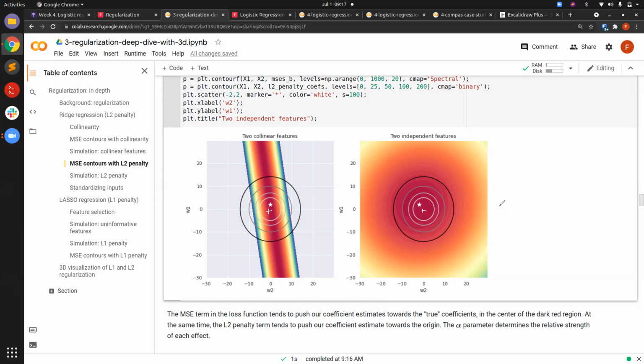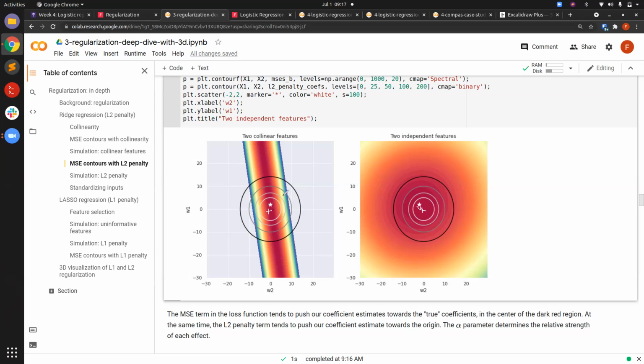For the case with two independent features, well, you could see that you would typically have found a value somewhere in this region anyways, because of the MSE contour shape. But the regularization term will, depending on the strength of the regularization factor, that alpha, might pull the estimate towards this point. But what about over here?